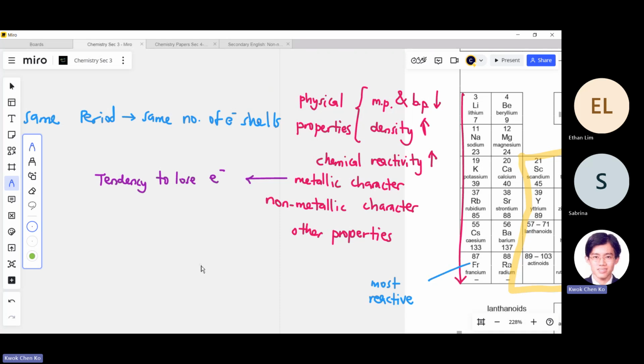Metals love to lose electrons. Okay, guys, try to remember this. Now, in contrast, non-metallic character will be the opposite, tendency to gain electrons.